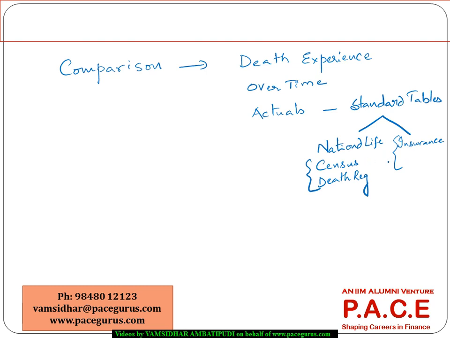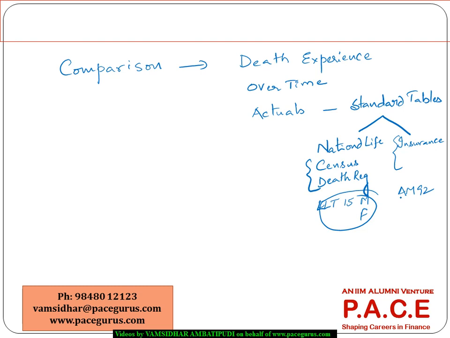But these are the two major sets, probably something like ELT 15 males or ELT 15 females kind of tables come from the national data, whereas a table like AM92 comes from the insurance companies kind of data.